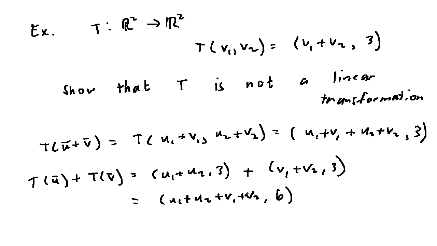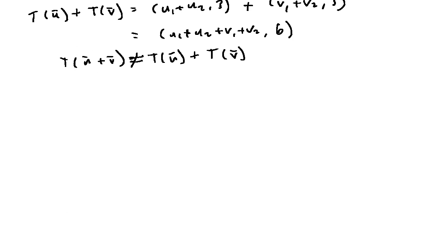So these two vectors can't be equal. So this is not equal to T of u plus T of v. So the first condition for a linear transformation is not satisfied, and we can stop here. We know that T is not a linear transformation because it has to satisfy those two properties.